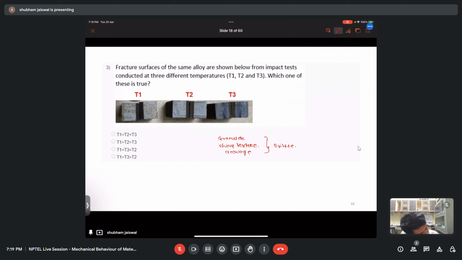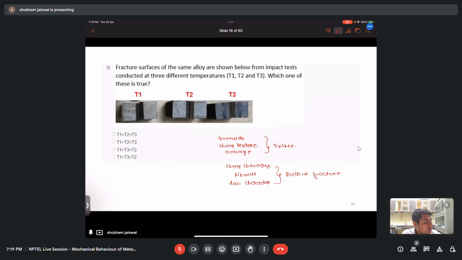Then if it has a shear character or the fibrous structure or it has a dull character, then it is a ductile fracture.